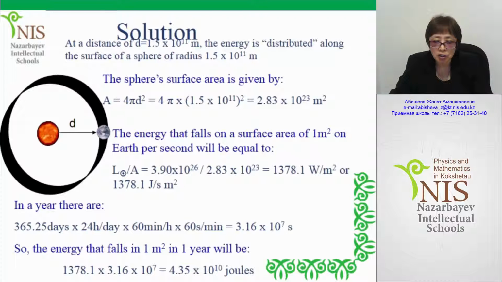So the energy that falls on 1 meter squared in 1 year will be 1378.1 multiplied by 3.16 times 10 to the power 7, equals 4.35 times 10 to the power 10 joules.